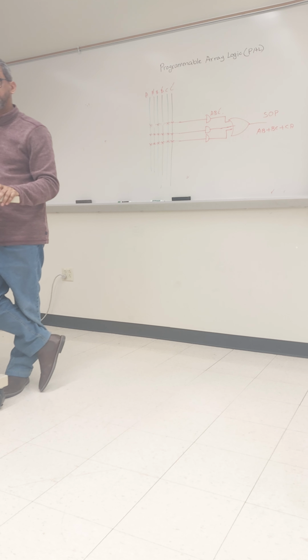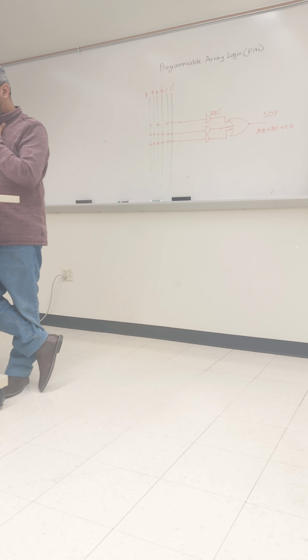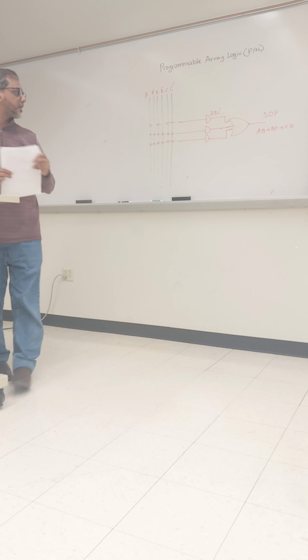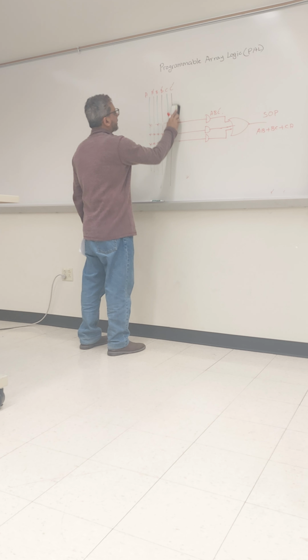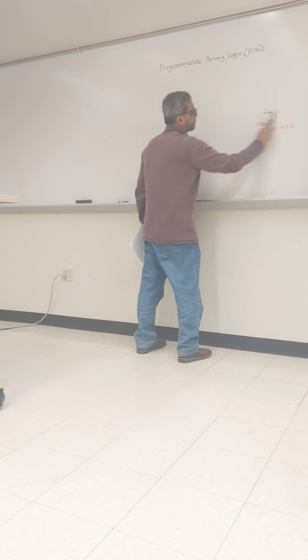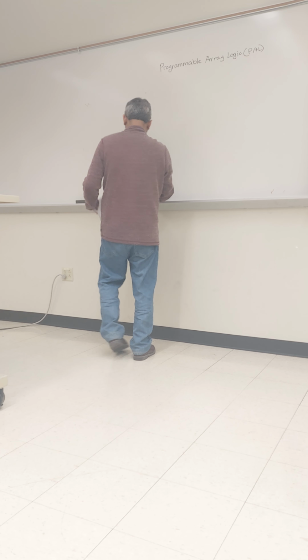In a typical PAL logic IC, it consists of multiple such OR gates. As I mentioned, if I now draw the typical IC of the PAL, it consists of multiple OR gates.